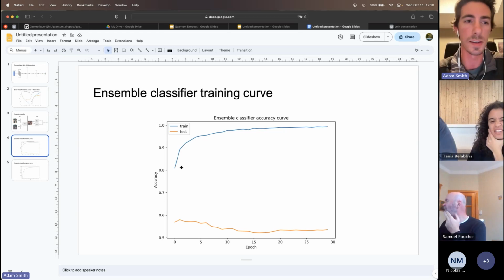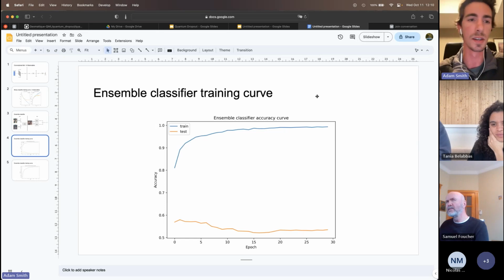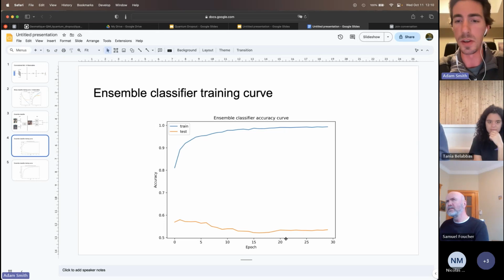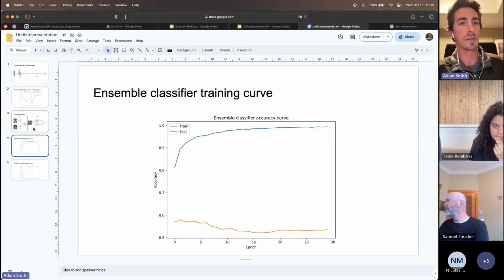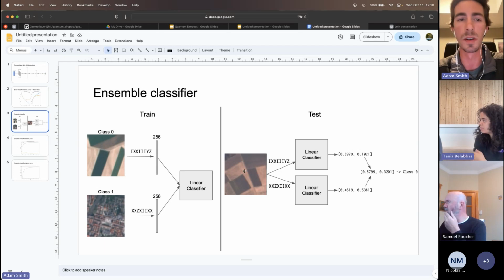It classifies the training data quite well, given that it's from different distributions or different observables, but it really doesn't do any better than random on the test data. And I think that's more because it classifies which observable was used rather than which class the image came from.